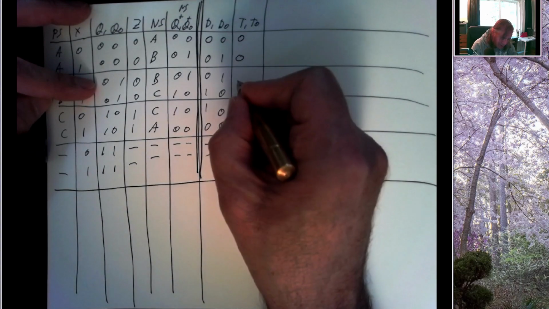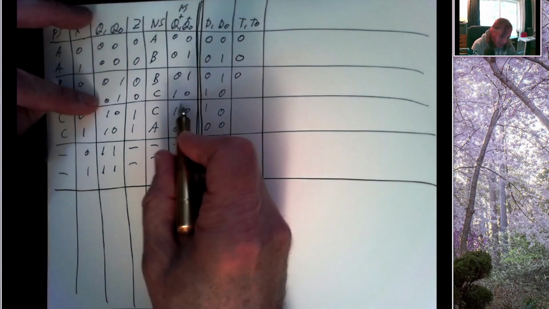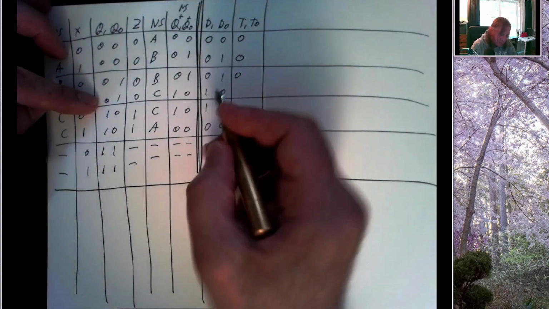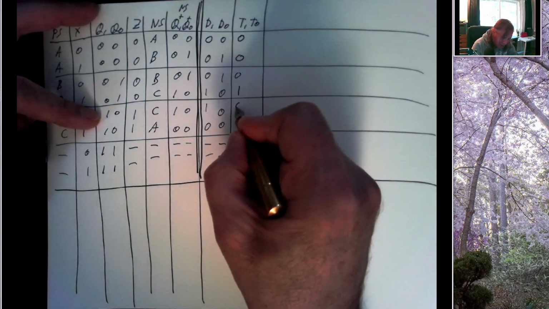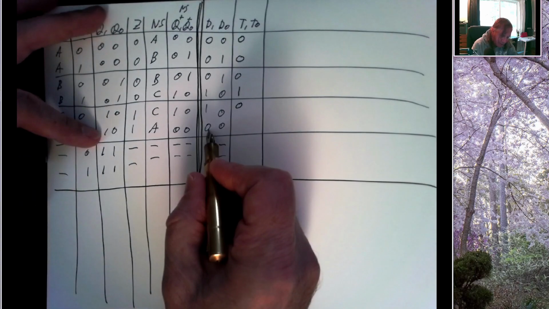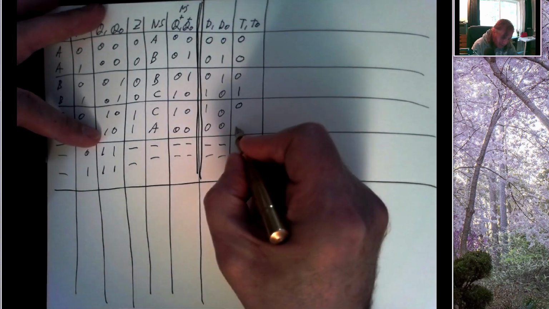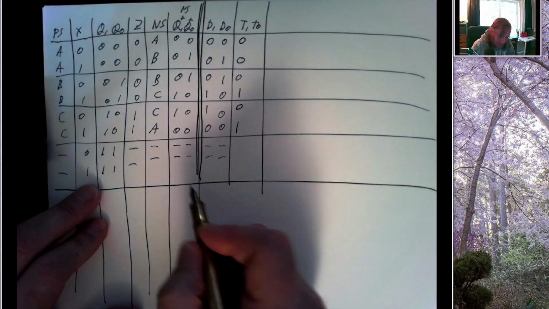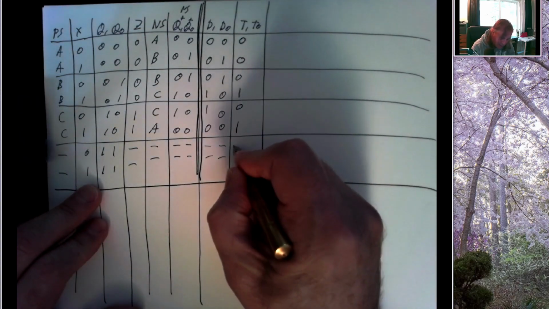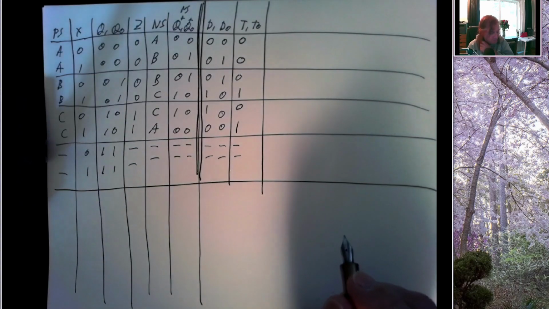Here it's currently a 0 and we want it to become a 1, so we should toggle. Here it's a 1, it should stay a 1, don't toggle. Here it's a 1, we want it to become a 0, so we'll toggle. And whether it's currently a 1 or not, if we don't care what the next state is, it doesn't matter what the T input is.